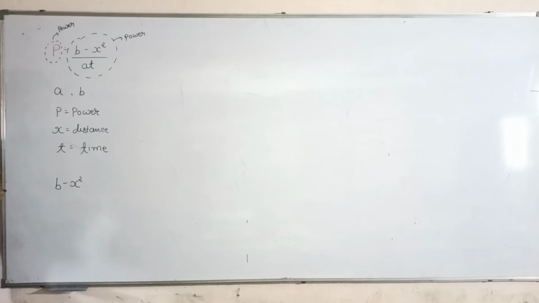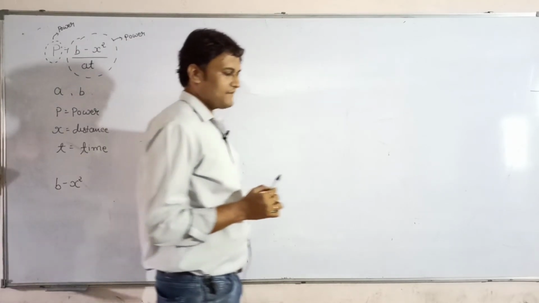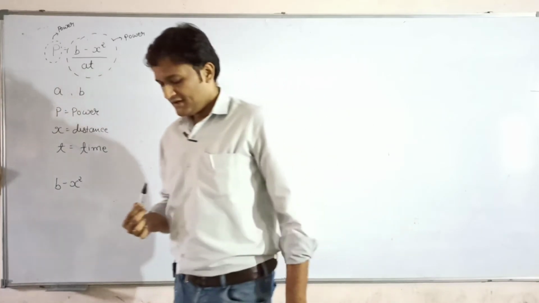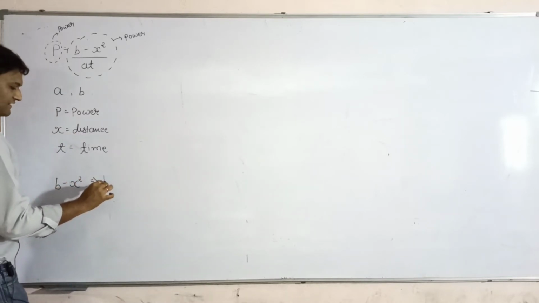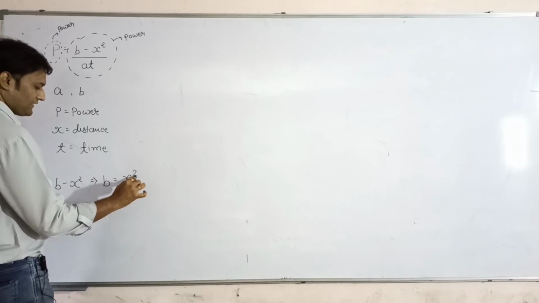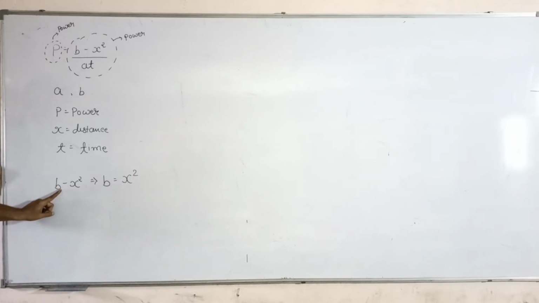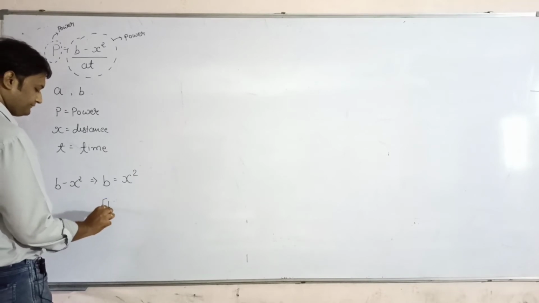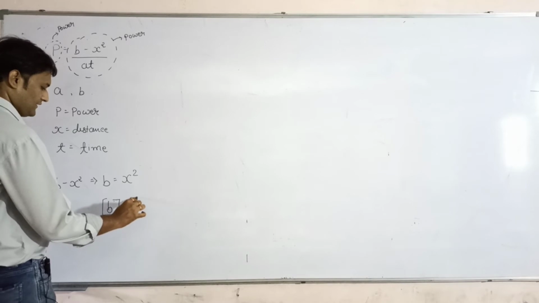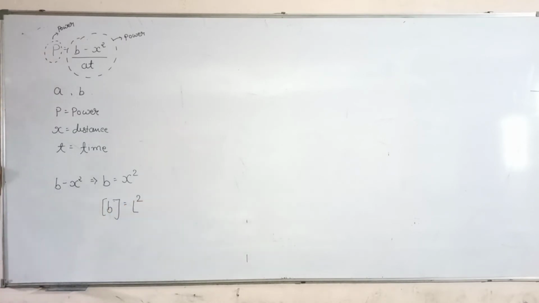I told you that force can be subtracted from force, and force is added to force. It means here B minus x, x is equal to distance. It means B is distance, and B is equal to x square. We can subtract distance from distance, right? So B is equal to x square, that is here L2, only M0 L2 T0. That is very simple.